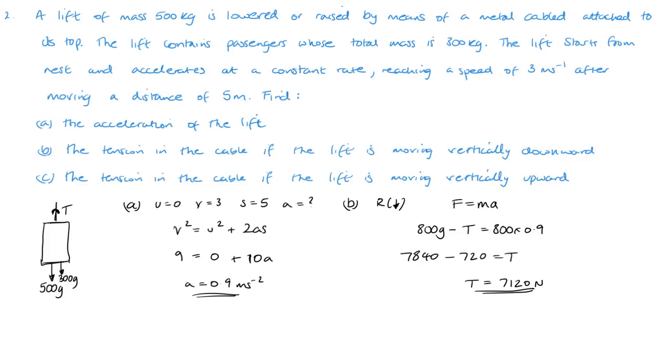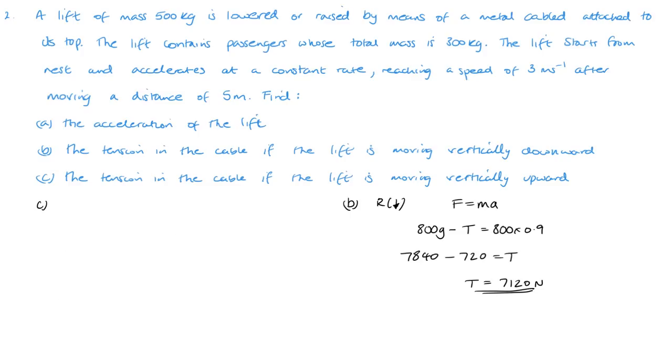Now part C is the same, but this time the lift is moving vertically upwards. So this time we're resolving upwards, and again it's F equals ma. Going upwards, the tension is now the main force, and the 800g is acting against it. That's going to be 800 times 0.9.